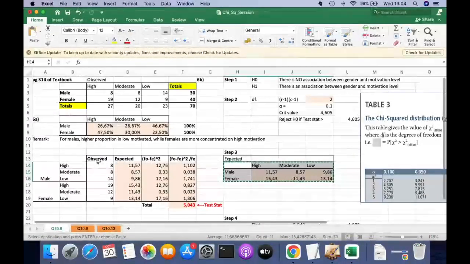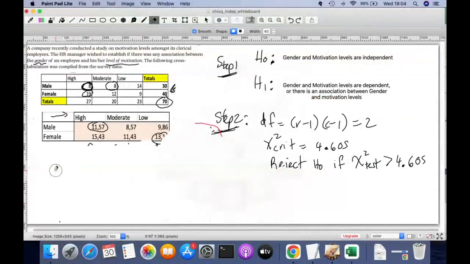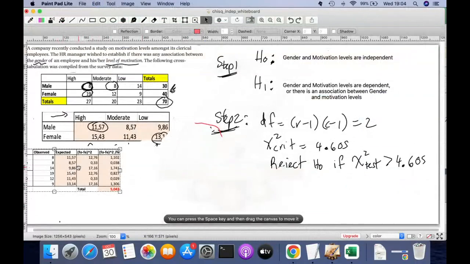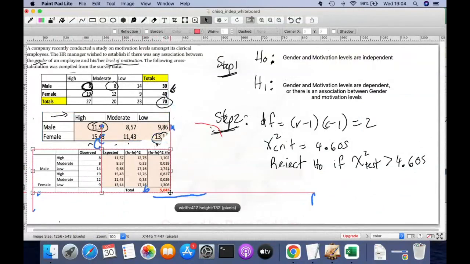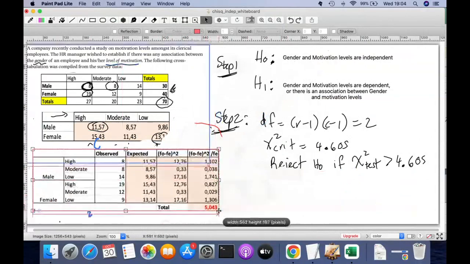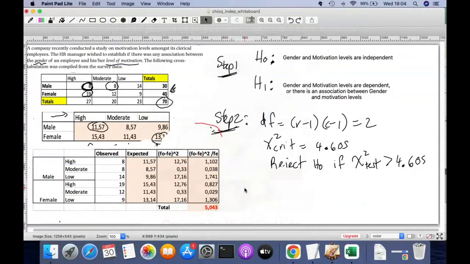There we go. Much better. Everything I have here is what I've just explained.